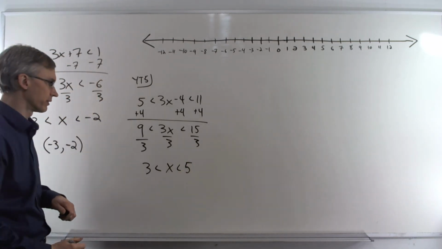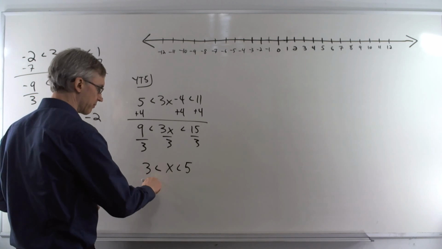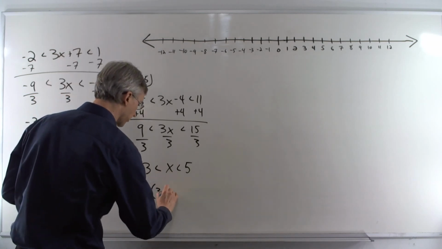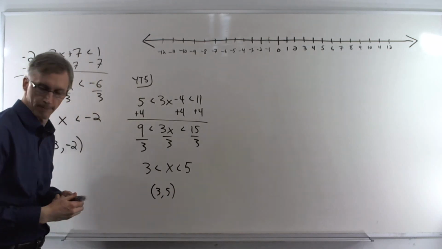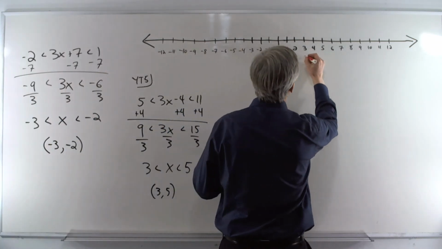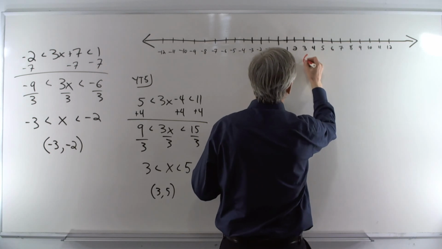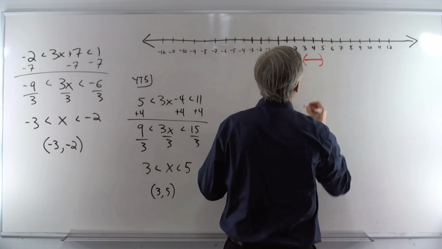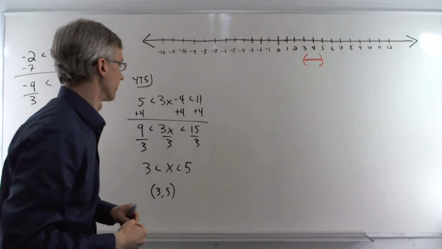So all numbers between 3 and 5, not including the endpoints, because we have strictly less than. So in interval notation, we have 3 to 5, like that. And on the graph, same symbols, parenthesis, between 3 and 5.